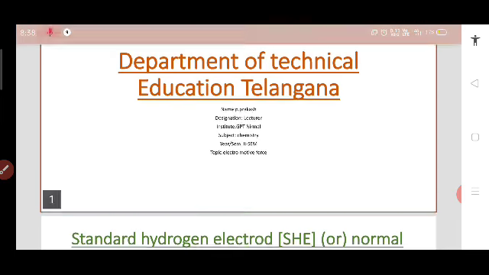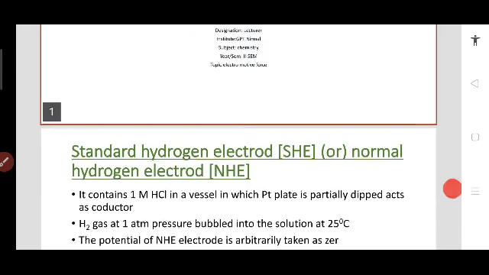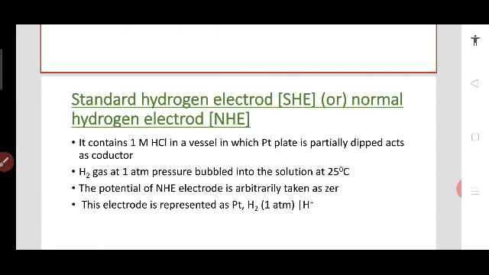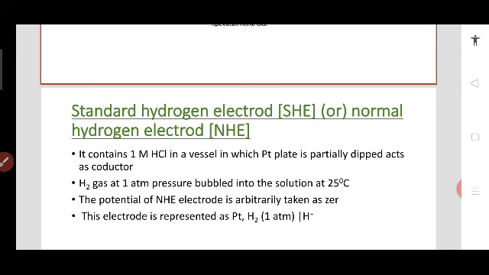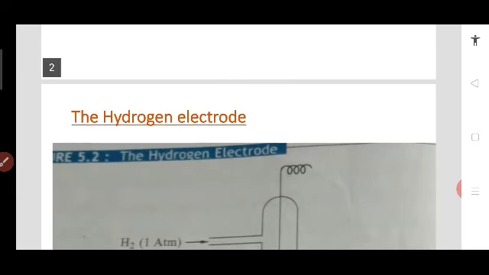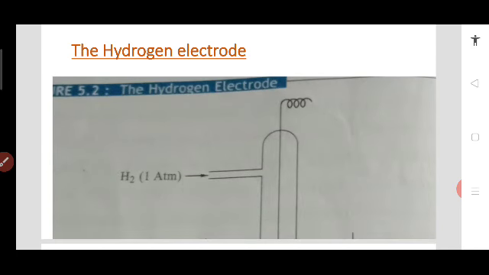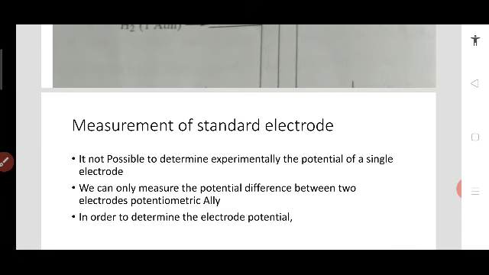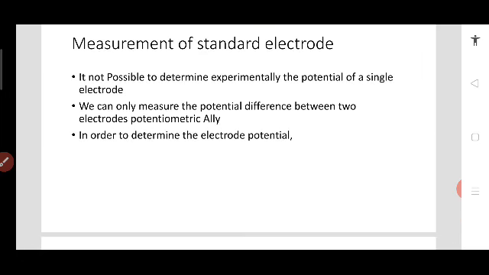So in this session we will discuss the standard hydrogen electrode, one of the examples. How do we construct the standard hydrogen electrode, and how can we calculate the standard potential, the measurement of the standard electrode potential?